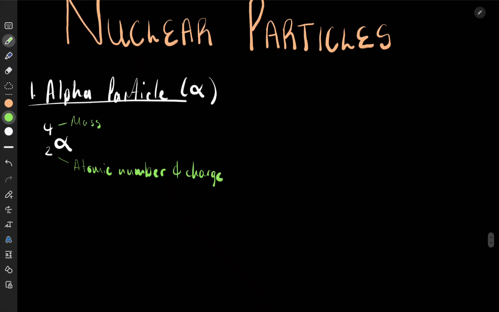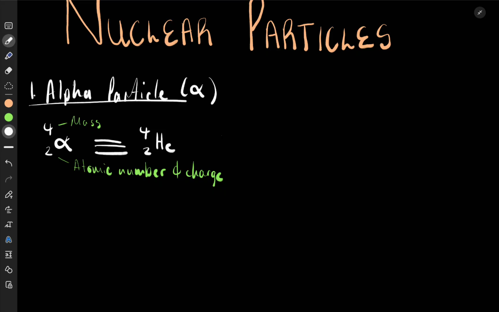So right now we know that this thing has a charge of 2 plus. We can already see that our alpha particle will have a charge of 2 plus. You may see it being written as 4,2 helium. But you are smart, you know that this is an alpha particle, 4,2 helium.